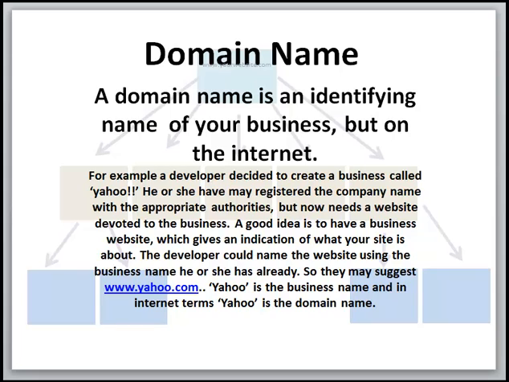So that gives you an idea a little bit about a domain name. It's just a business name that you have thought of, or maybe you want to create. And to go about buying a domain name, you can go to a registrar and purchase a domain name, which gives you the right to use that name over the internet.